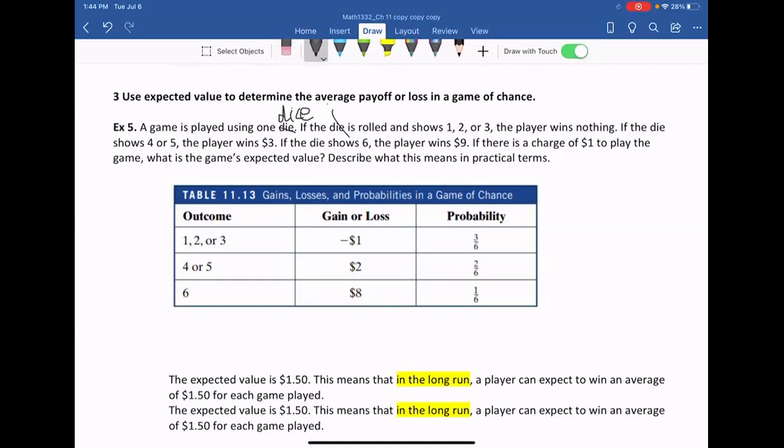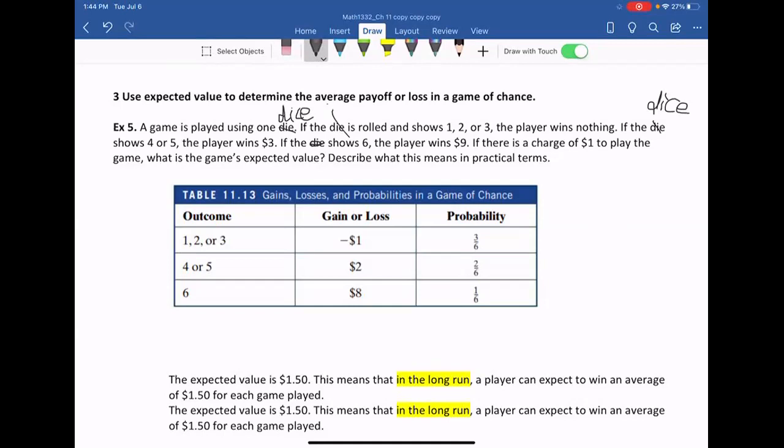If the die shows 4 or 5, the player wins $3. If the die shows 6, the player wins $9. If there is a charge of $1 to play the game, what is the game's expected value?